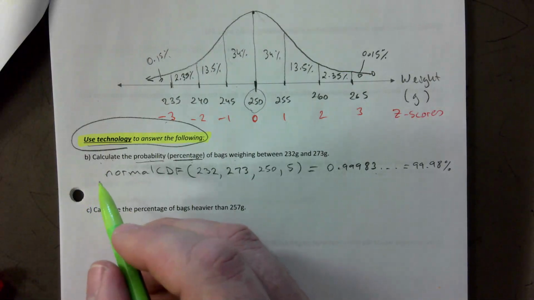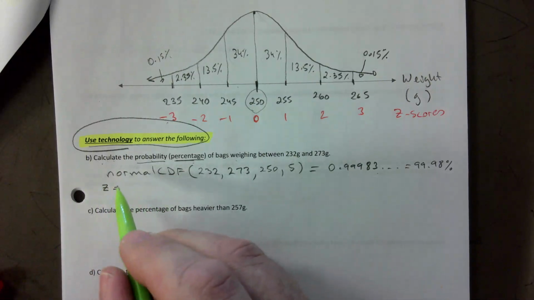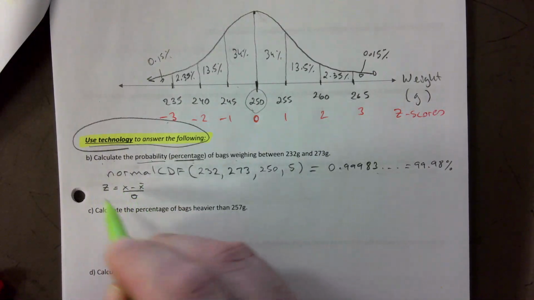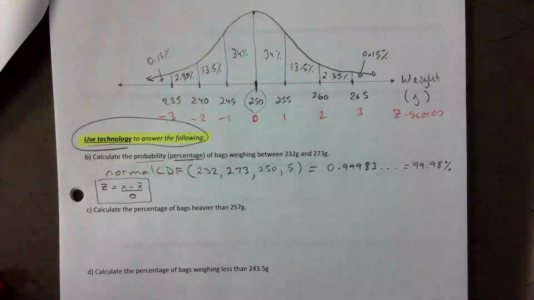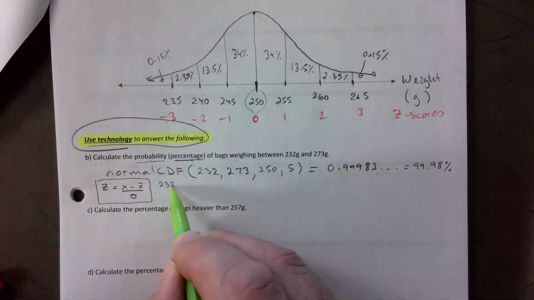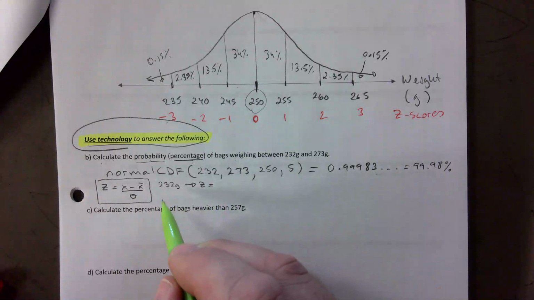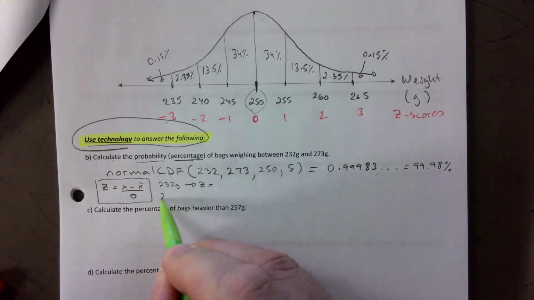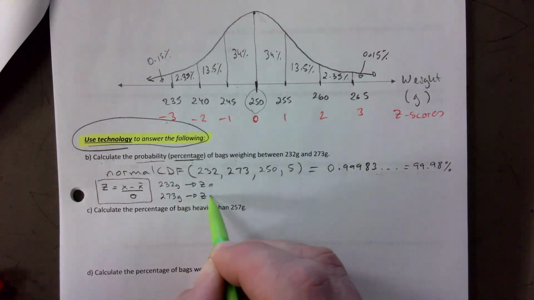Do you remember how to find the z-scores? Z is x minus x bar over standard deviation, correct? That's on your study sheet, I hope. So watch this. 232 grams has a z-score of, we're going to figure that out. 273 grams has a z-score of, we will figure that out.